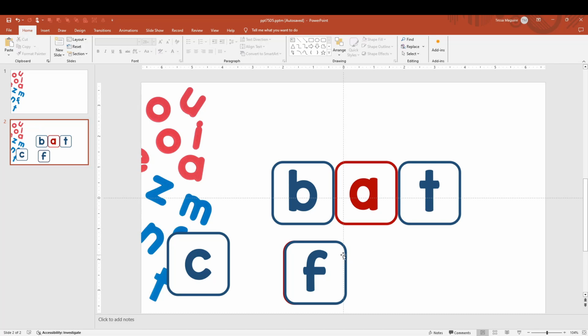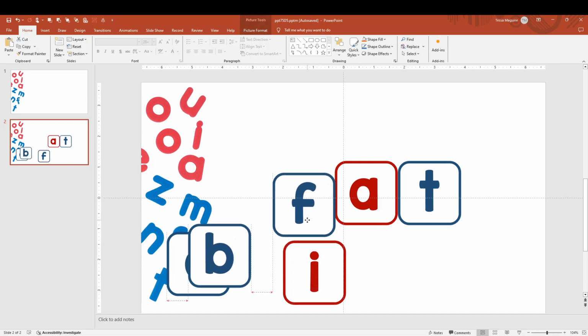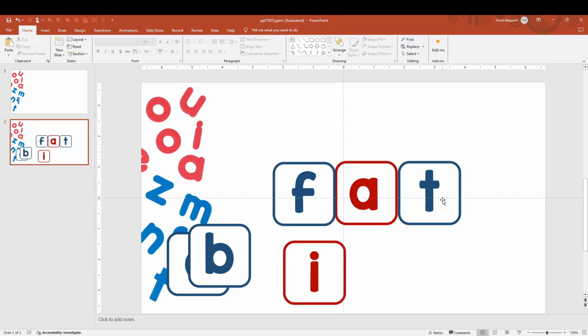So you would tell students fat. They would again repeat and segment. Fat. F-at. Fat. Hearing the change, moving the tiles, building the new word. Fat. Again, double checking they're correct. F-at. Fat. Ready for the next word, fit.